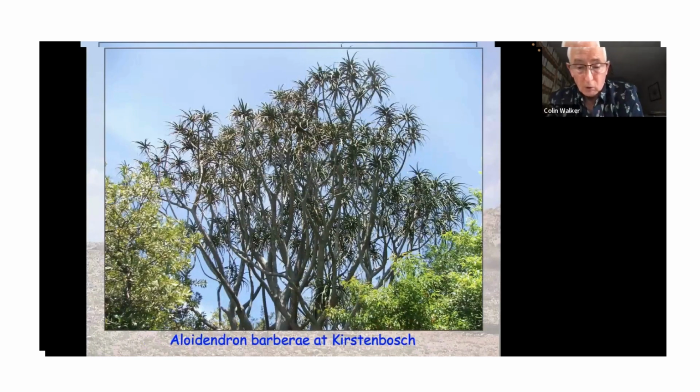We're at Kirstenbosch now, a fabulous botanic garden in Cape Town. This is their biggest specimen of Aloidendron barberae. We've got good records on this. This was also planted about 100 years ago. This specimen is around 15 meters tall, and look how densely branched this is.